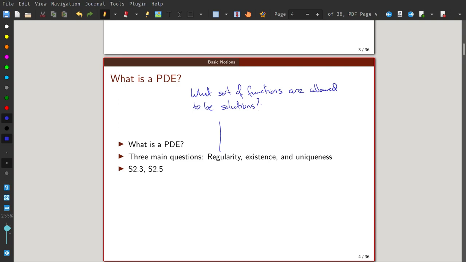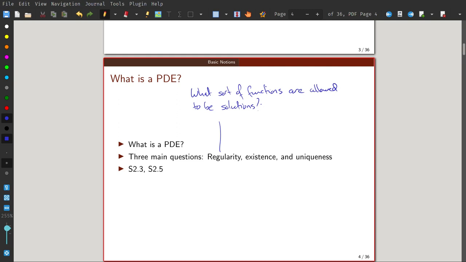So this might be an obvious point, but if you have a partial differential equation with a second partial derivative with respect to time, say, then the solutions probably should be twice differentiable with respect to time for the partial differential equation to make sense.